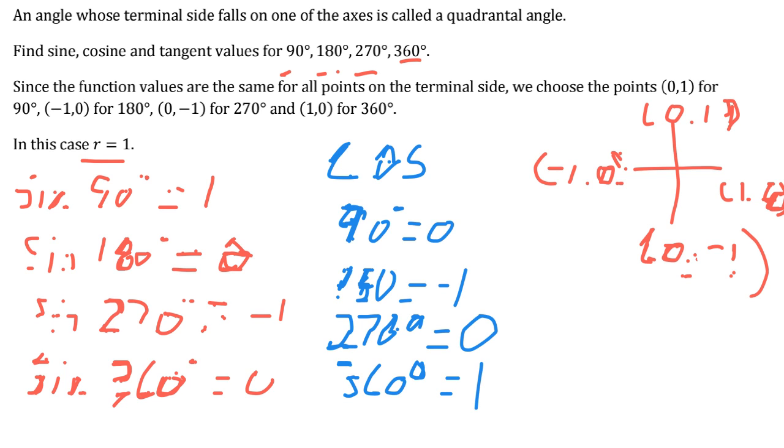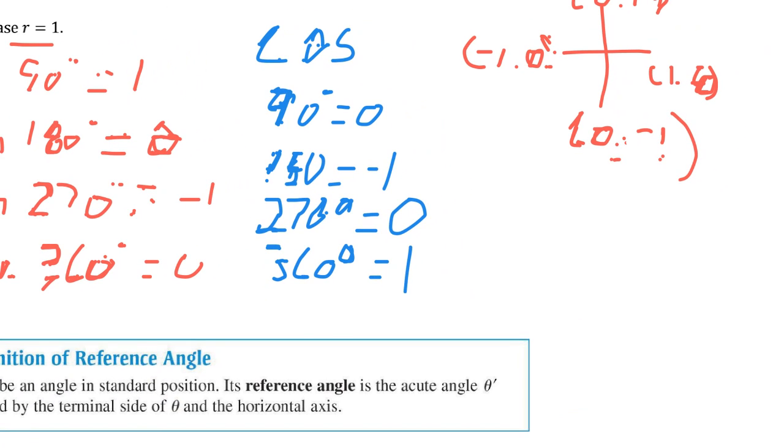Let's look at tangent. Tangent of 90 degrees is going to be, tangent is y over x, so that's 1 over 0, which is undefined.